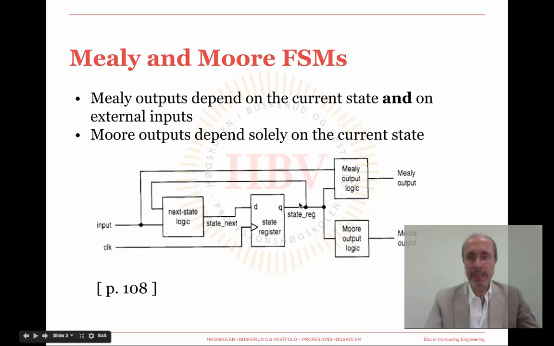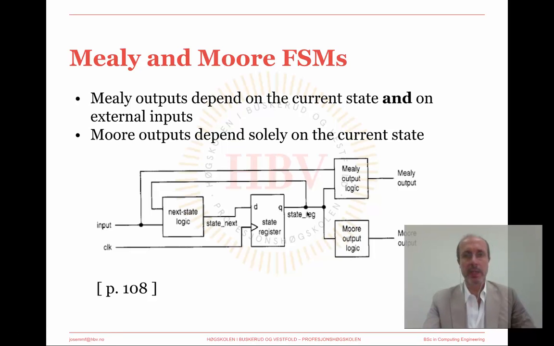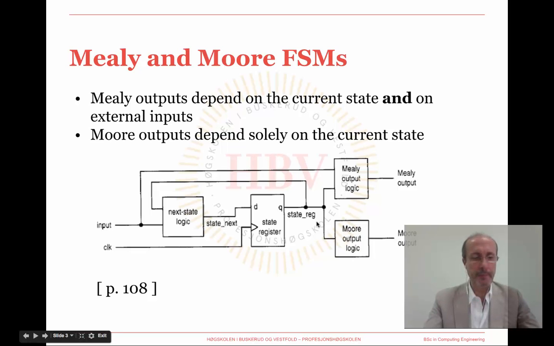On the other hand, in the case of Moore finite state machines, the outputs, as you see here, depend solely on the current state. And in this case, what this means is that an output can only change value when the finite state machine moves to the next state, which will take place only when there is a rising edge in the system clock.